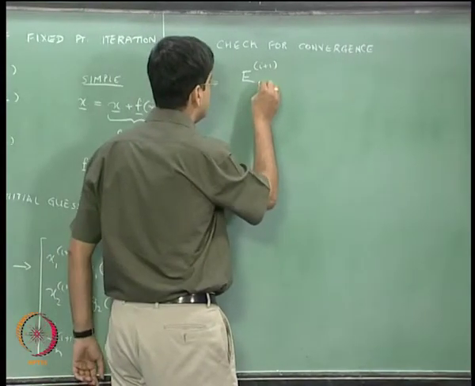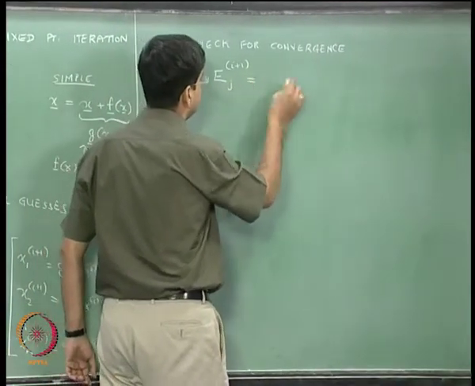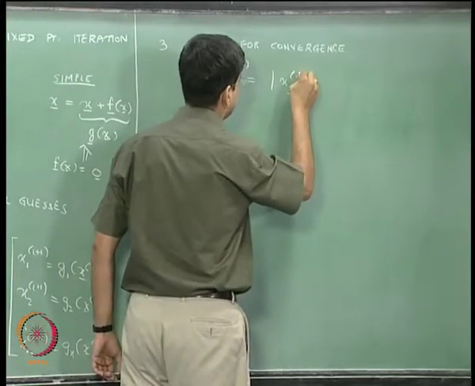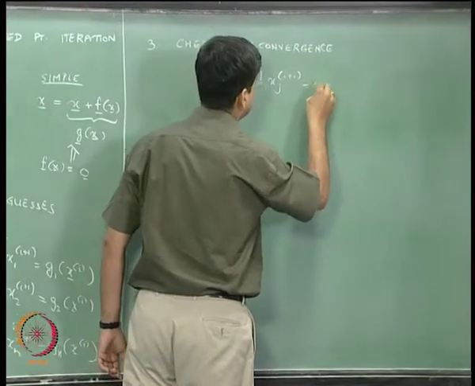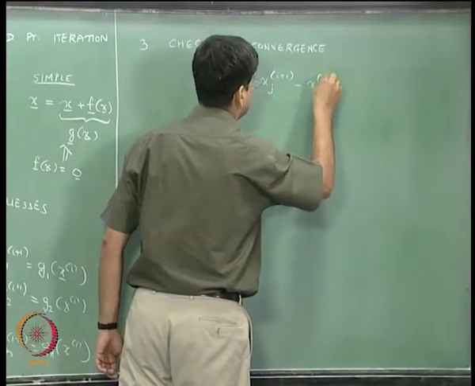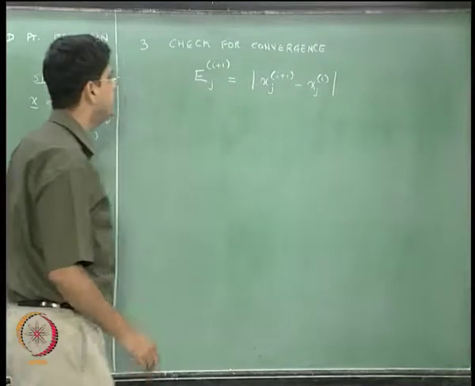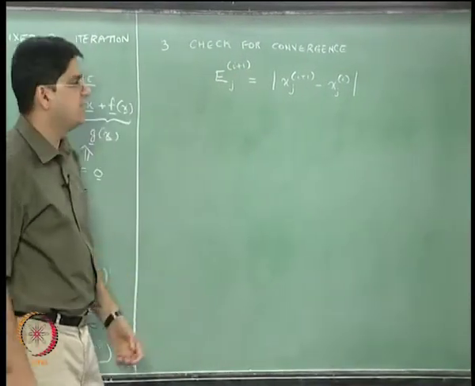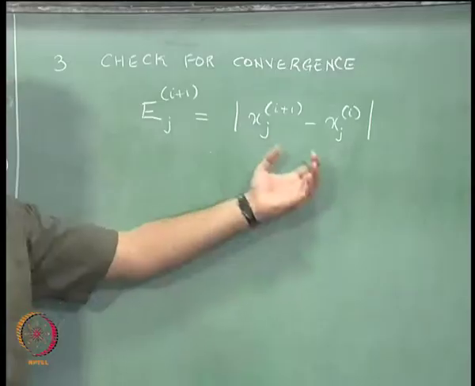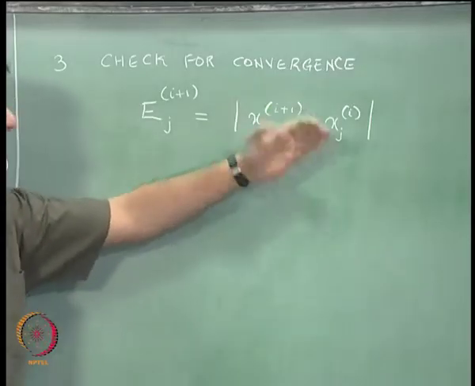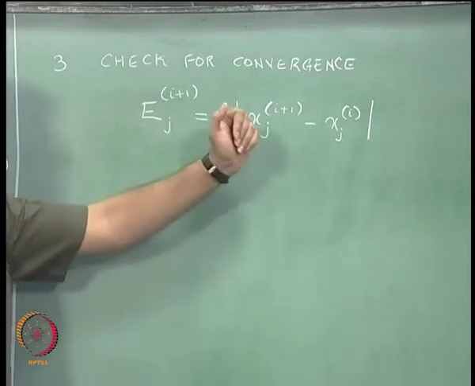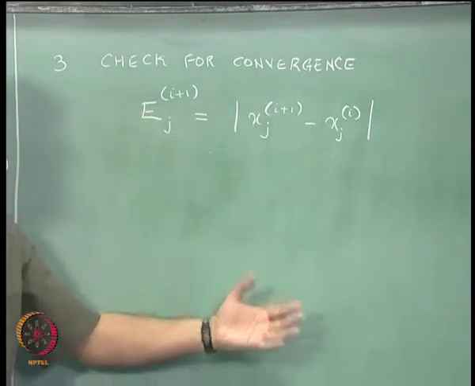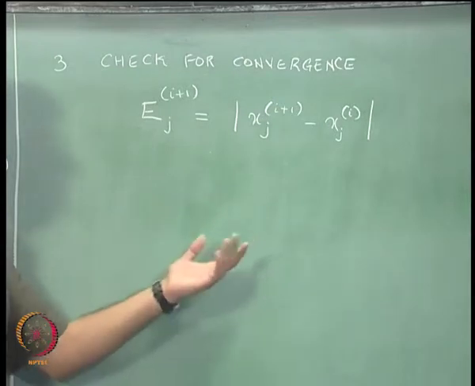So in general, E j of i+1 will be defined as the absolute value of the difference xj of i+1 minus xj of i. This is going to be our ej of i+1, and the objective is that, for example with x1, x2 up to xn, we want to ensure that the largest amongst these error values is less than a certain tolerance.